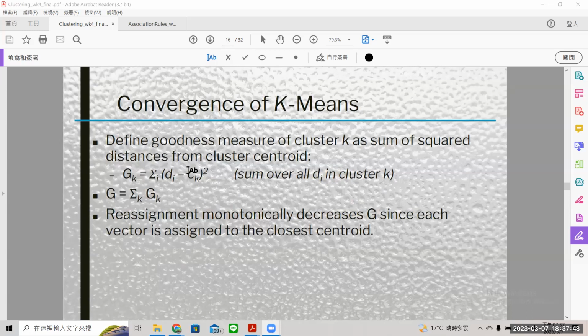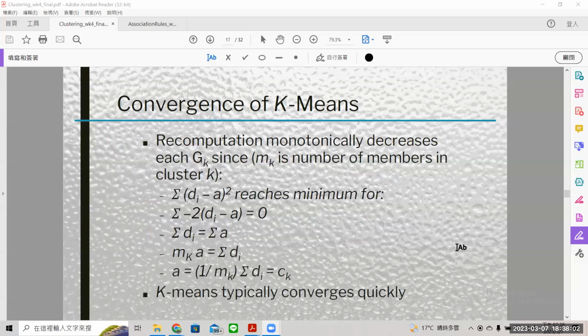Okay, and this is the formula. You can use this one because this is also an equivalent expression of the distance. And this one, you try to make it minimum.